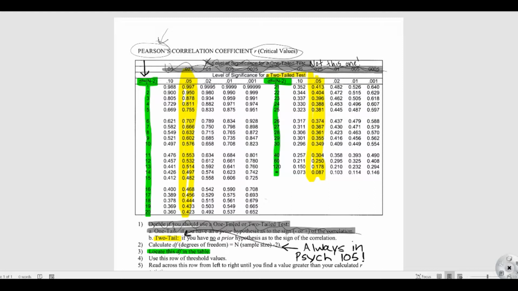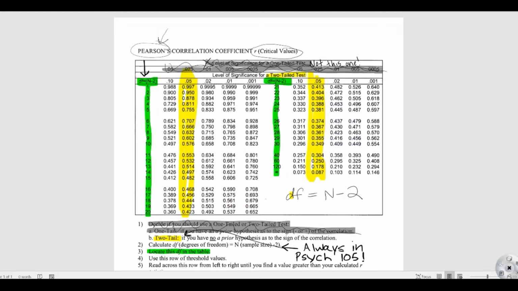The thing on the left-hand side tells you which row you want to look at to find your critical R value. These stand for degrees of freedom. Degrees of freedom is a very difficult concept to understand, but for correlation, you'll want to know that degrees of freedom is equal to n minus 2, where n is your sample size.